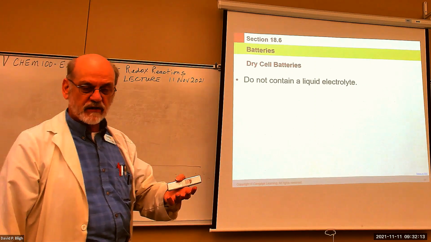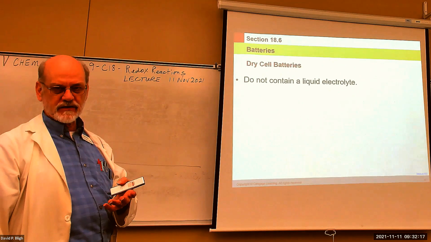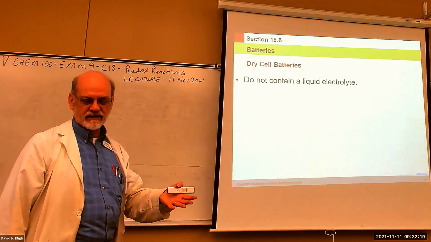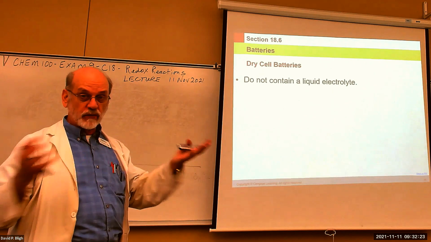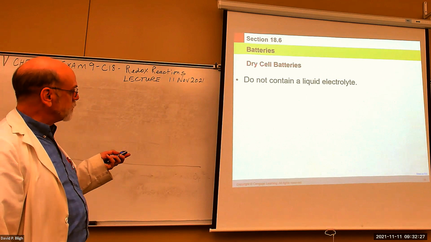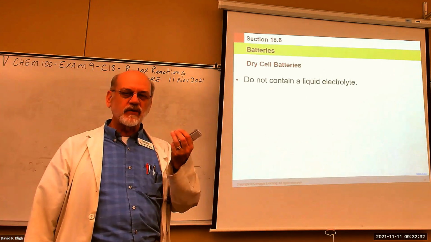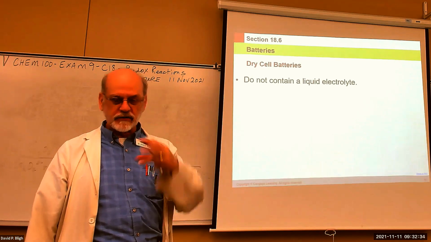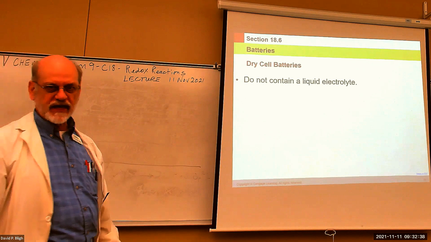It may be a gel, it could be a paste, and we call those dry cells. They're not really dry, right? A dry cell won't conduct electricity if the ions can't move, but dry cell is the term that we use for it. They just don't contain completely liquid electrolytes that could spill if you pull the cap off and turn it upside down.